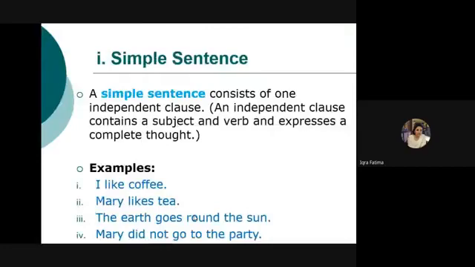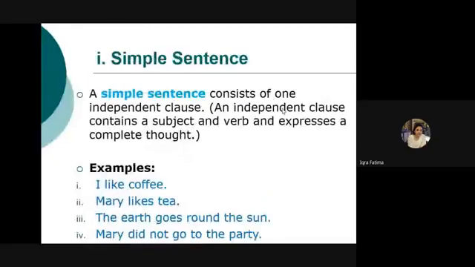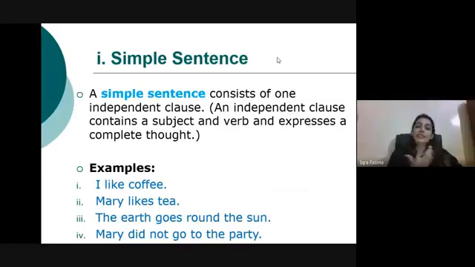First type of sentence is the simple sentence. A simple sentence consists of one independent clause, which is why we say independent clause, simple sentence. These two terms go together for any sentence if it is simple. A simple sentence carries a subject and verb, and it completes its sense. Now you can see in the examples: I like coffee. Subject, verb, noun.